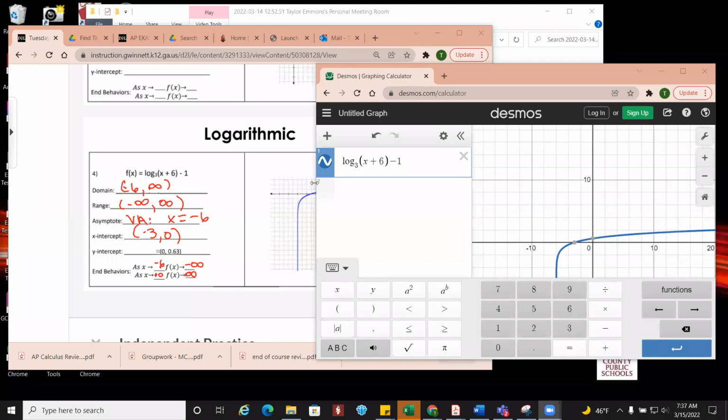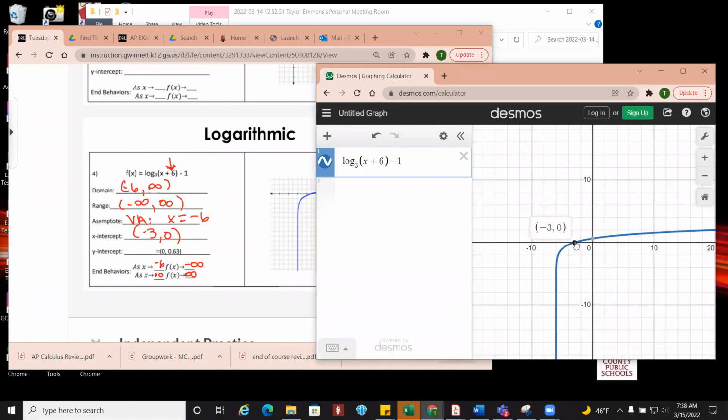All right, so checking over your work, you should have gotten for domain negative 6 to positive infinity. For range, you should have gotten negative infinity to positive infinity. Your vertical asymptote, remember, it's going to be this number, just change the sign, x equals negative 6. Your x-intercept, the way I found it is I plugged it into Desmos, and then I looked at where it crosses the x-axis right here.